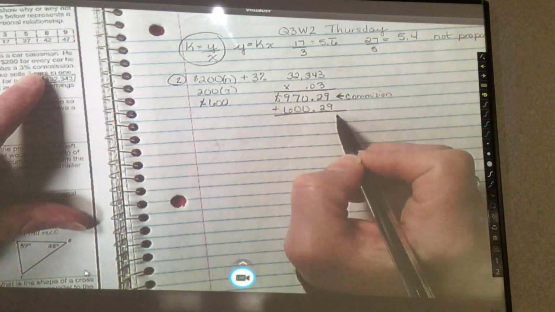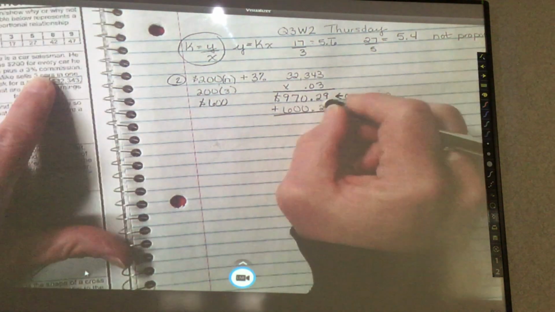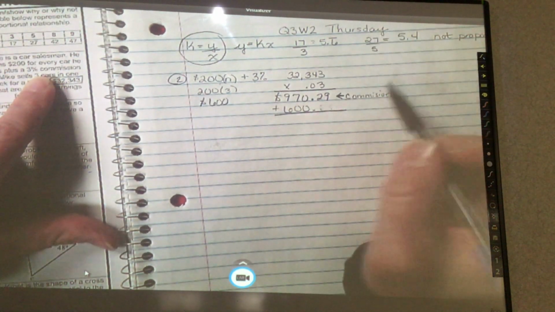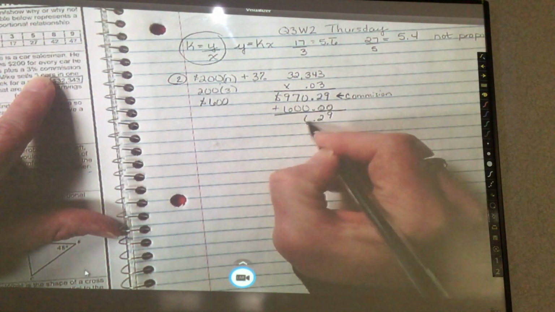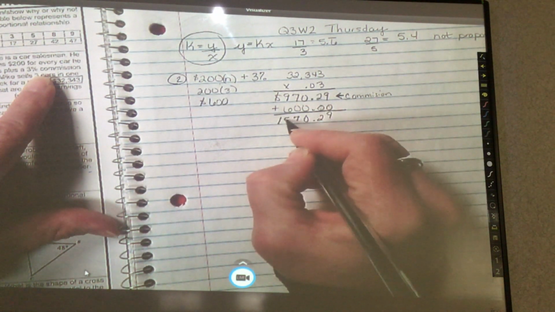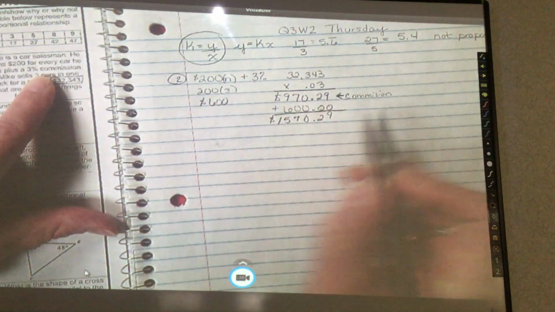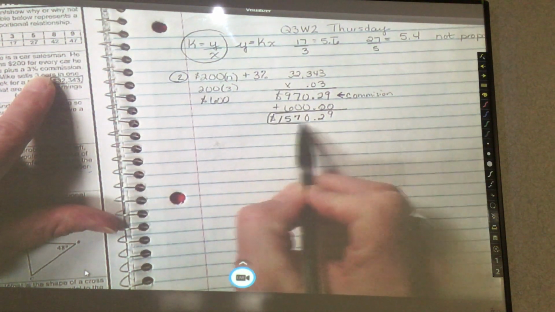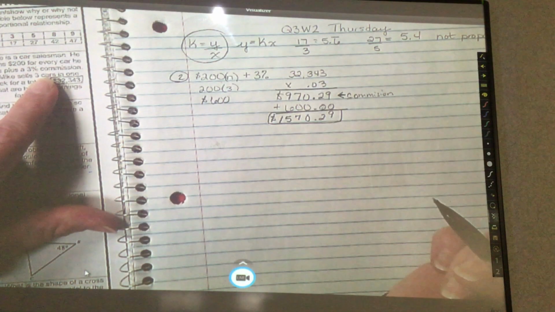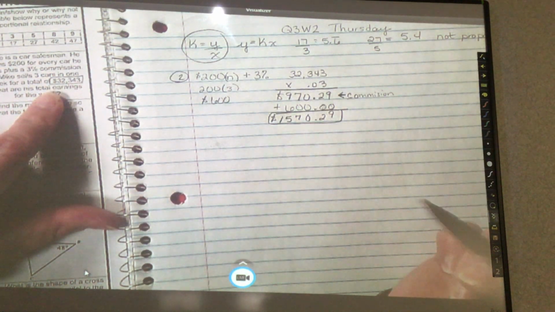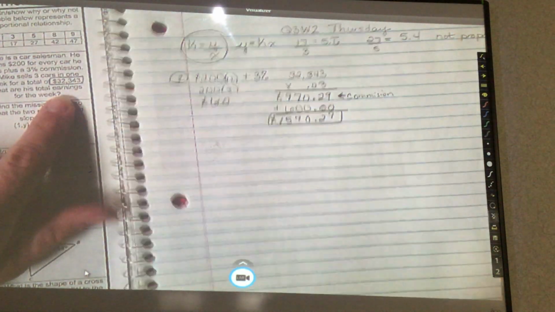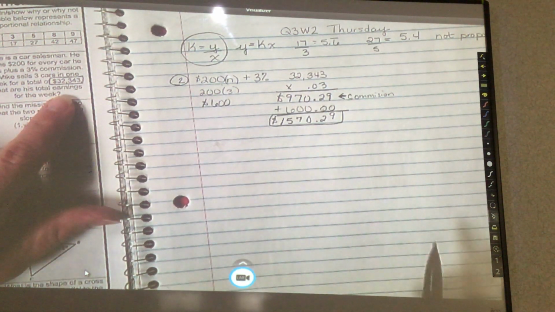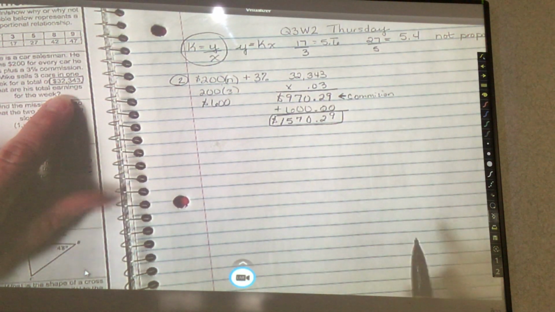Once I do my addition, oops, why did I put 29? It was $600. So I made $1,570.29. So that's what he made in 1 week. I don't even make that in 2 weeks. He's doing pretty good selling cars.